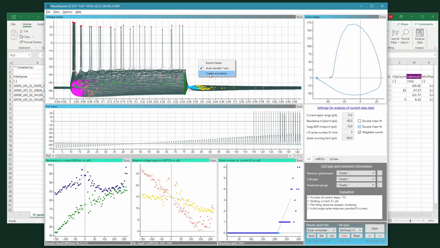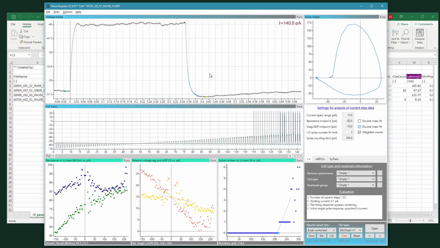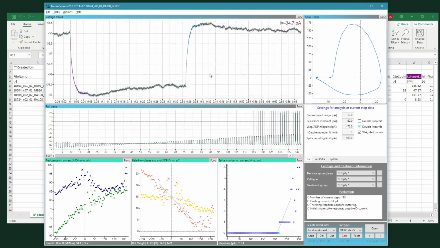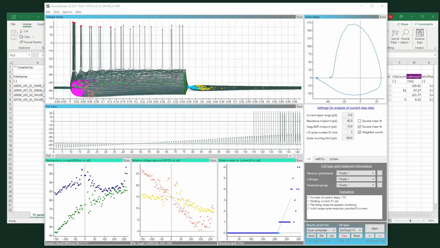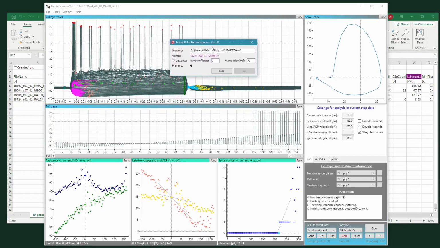If you click here, then the program will basically run through the recording, and this little utility will show up. And this is the AnimGIF program or AnimGIF utility that will create an animated GIF from this replaying of the traces.